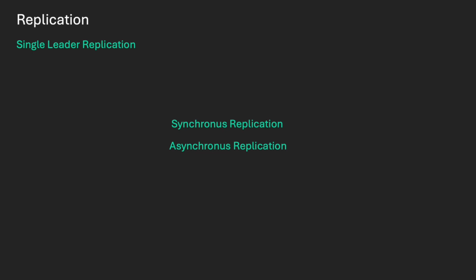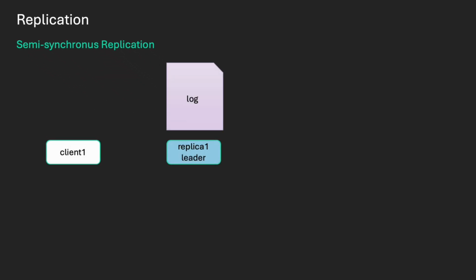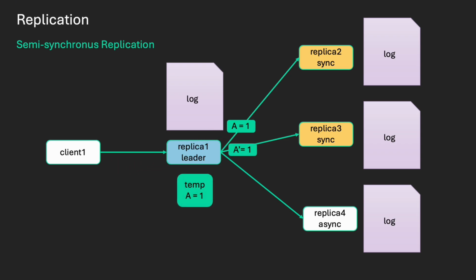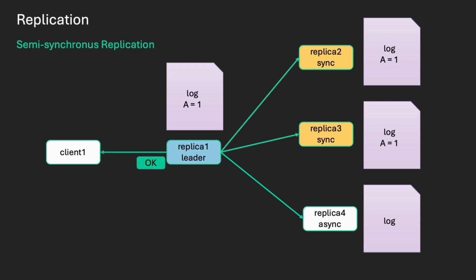To address these issues, a widely adopted approach is semi-synchronous replication. In this method, only a few replicas are kept synchronous, while the rest remain asynchronous. The leader waits for synchronous replicas to commit before returning a success response to the client. Meanwhile, asynchronous updates don't block operations and are replicated in the background.